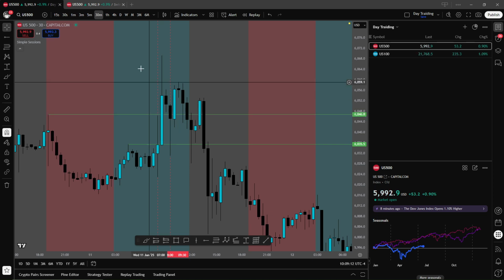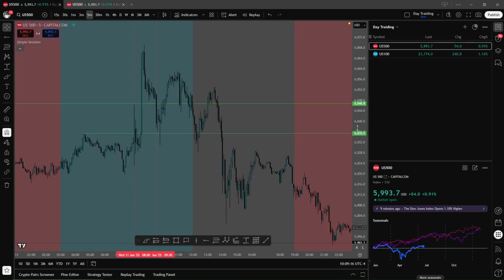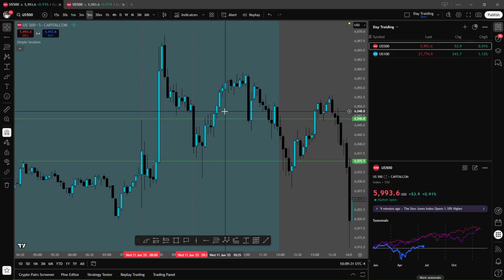After the sweep of liquidity, I will go down to the 5-minute time frame, just right here. Here I will look for a 5-minute break of structure to the downside. And where do we get it?